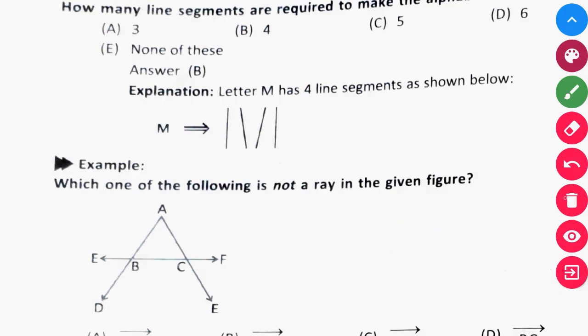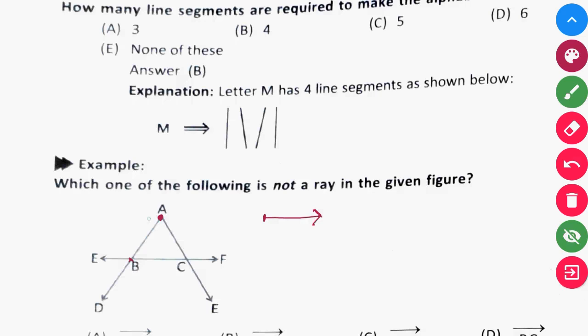Okay. Now see how to check. Take a point A. How many segments or how many rays are going from point A? A, B. AB is not a ray because a ray must have an arrow on one end and a dot on the other end.